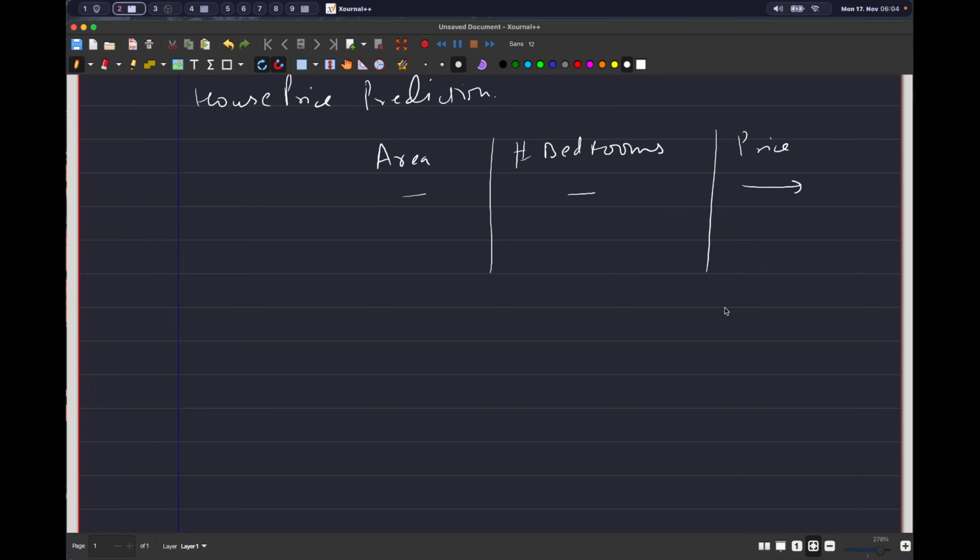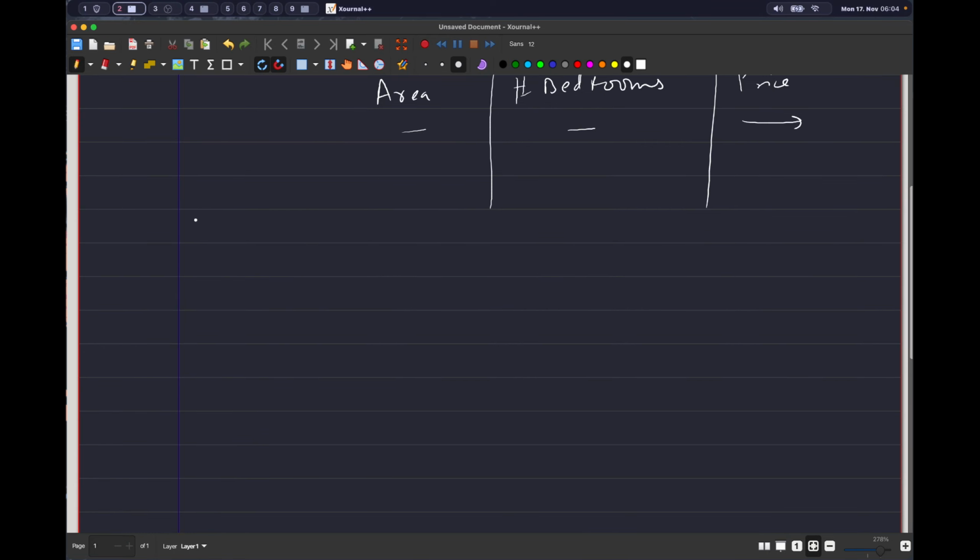So, based on this, you want to predict the final price of the house. So, let's say there is something called x, which is a two-dimensional vector, right? Now, suppose we are talking about x1 i. So in your data set, there will be samples, let's say i equals 0 all the way up to i equals n.